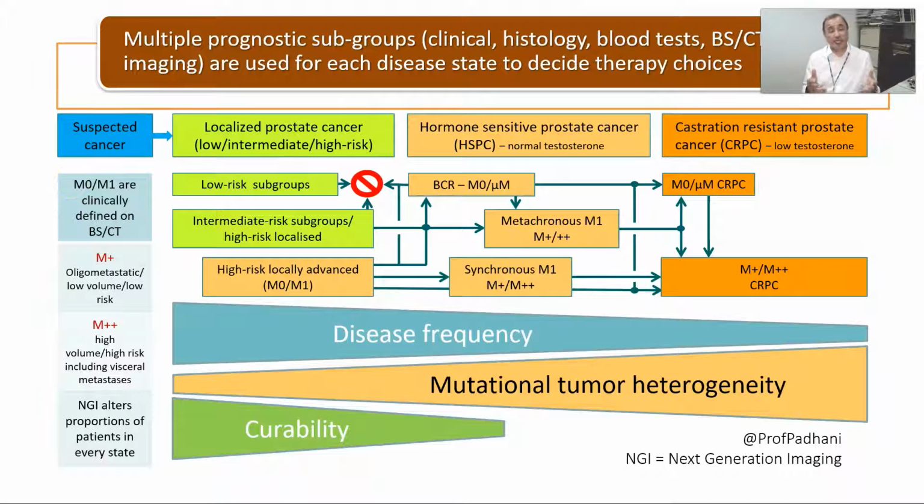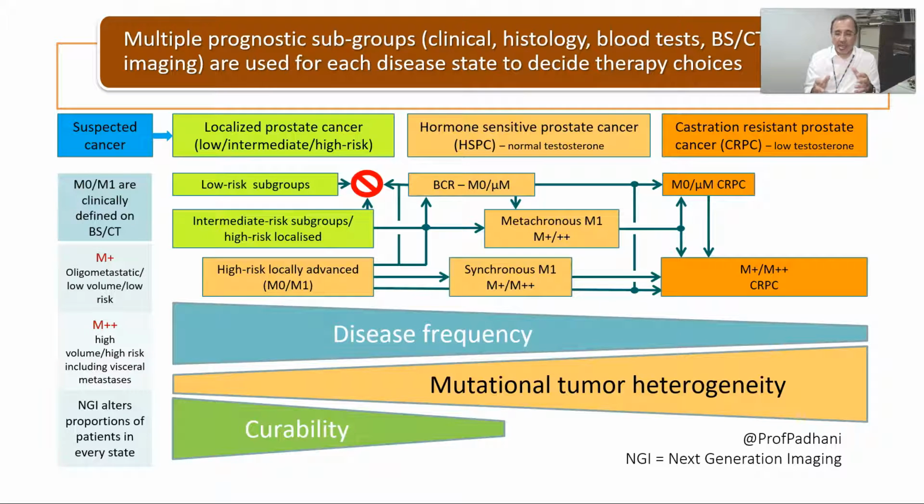All of you should be familiar that there are multiple prognostic subgroups that are defined by clinical findings, histology, blood tests, bone scans, and CT scans, which are used to define these clinical states of prostate cancer. You'll see suspected cancer on the left, and then known cancer in the green, which are of different risk groups, and then we have hormone sensitive, and then the castration-resistant prostate cancer states.